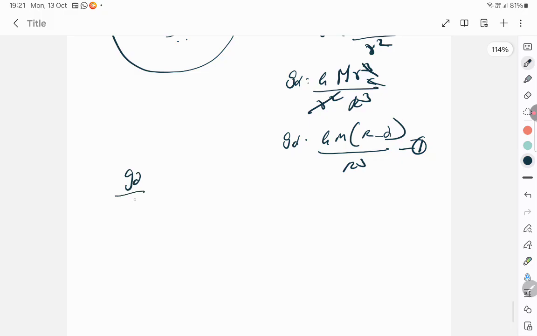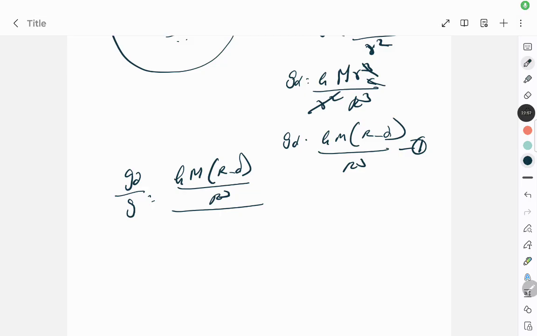Divide gravity at a depth by gravity on the surface: G into capital M, R minus d by R cube, divided by surface, which is GM by capital R square. GM gets cancelled, r square and R get cancelled.